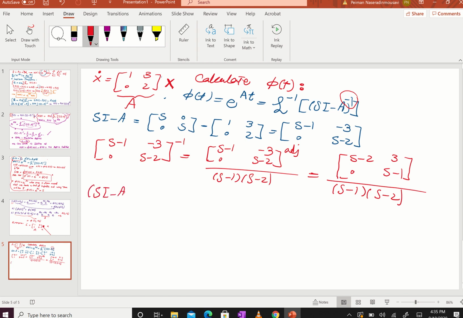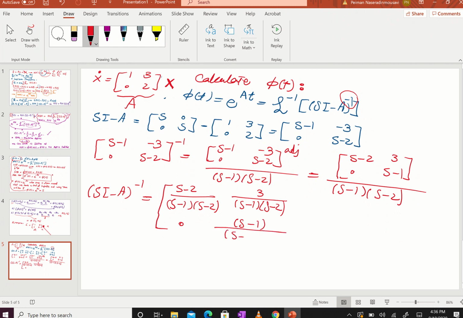(sI minus A) inverse is going to be this: (s minus 2) divided by (s minus 1)(s minus 2), 3 divided by (s minus 1)(s minus 2), 0, (s minus 1) divided by (s minus 1)(s minus 2).